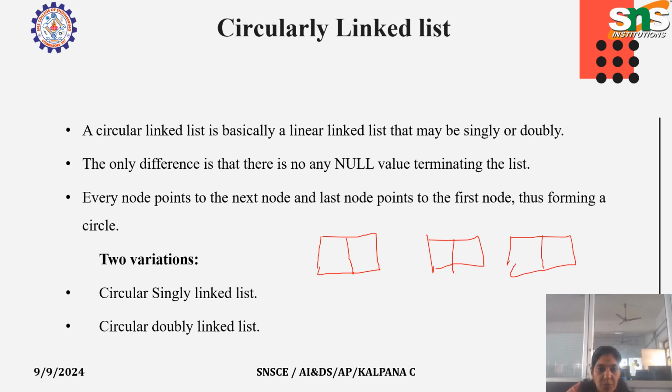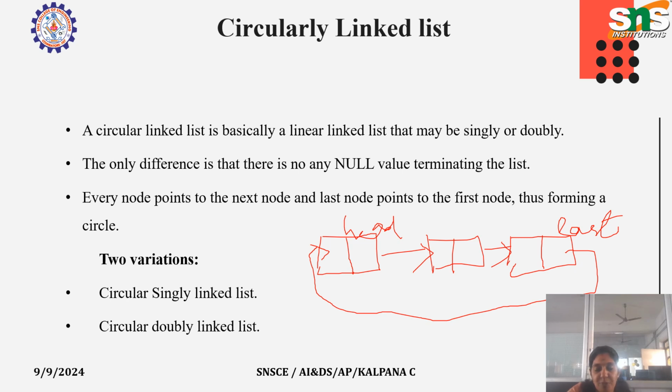In a circular linked list, I'm going to connect the last node's next address to the first node. For example, this is my head node and this is my last node, right? The last node's next field should have the address of the first node.